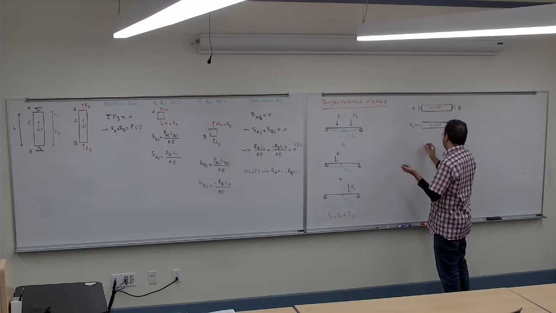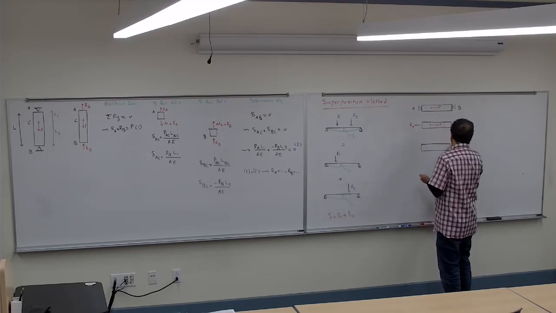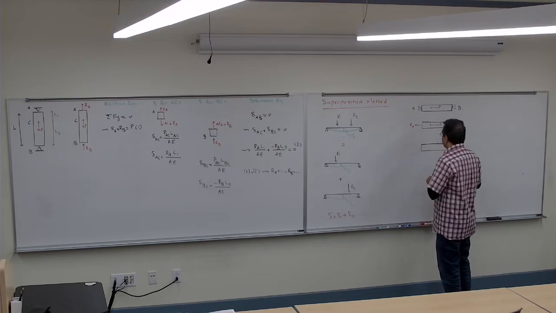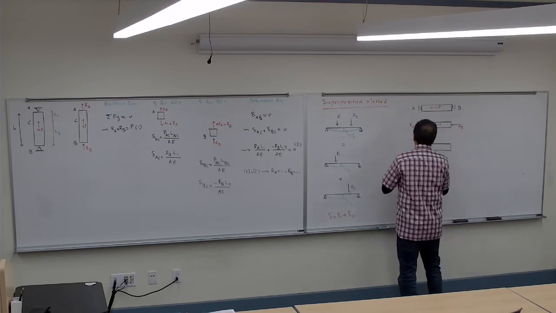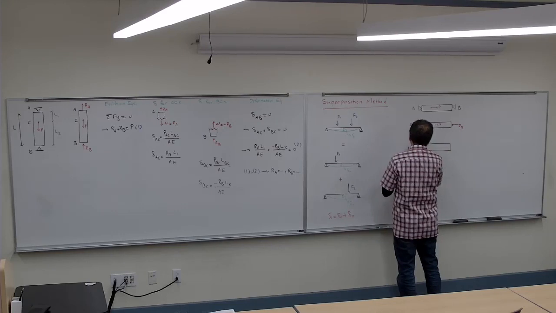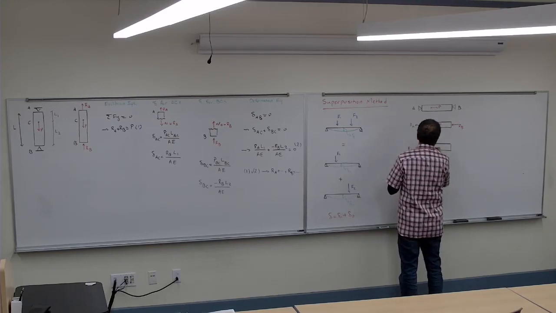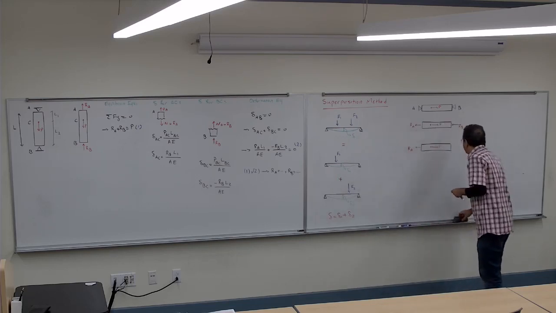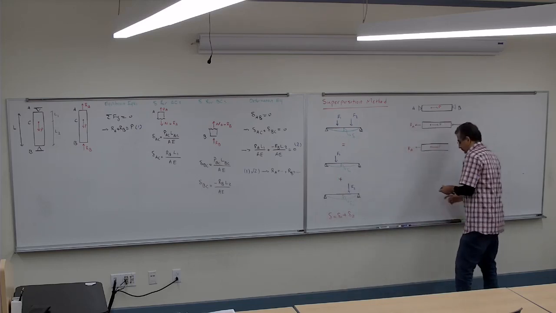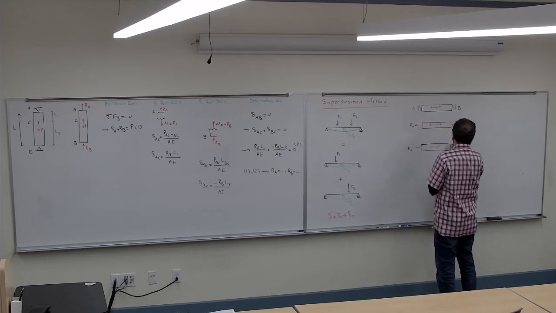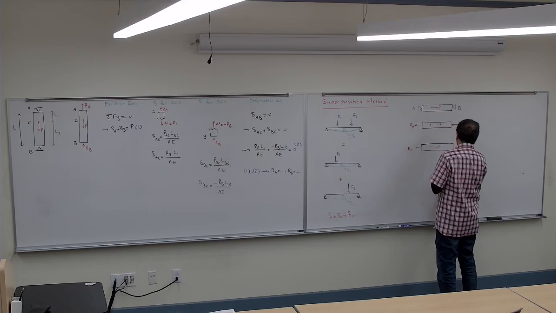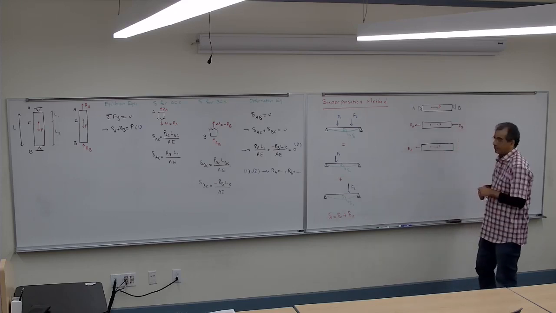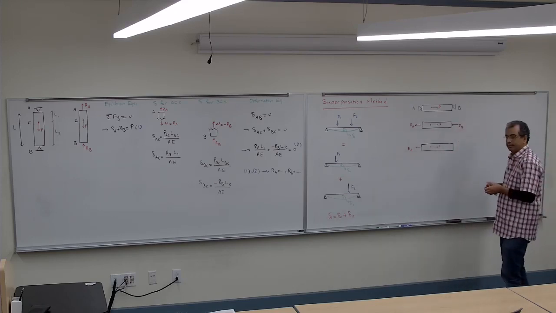So let's say this is correct. I can go ahead and break it into two cases. Assume I have the RA and I have the P, and this will cause some change in the length, correct?